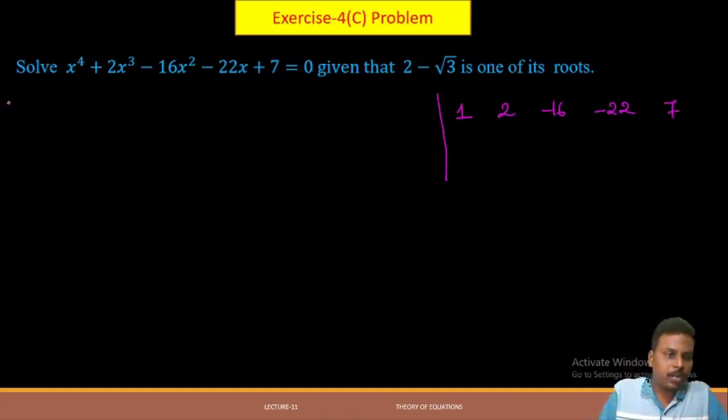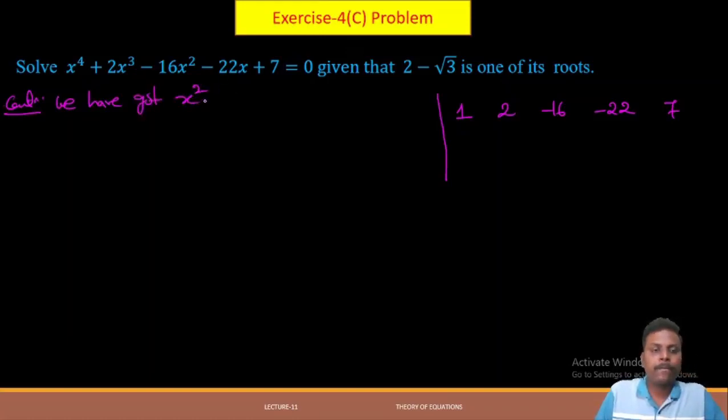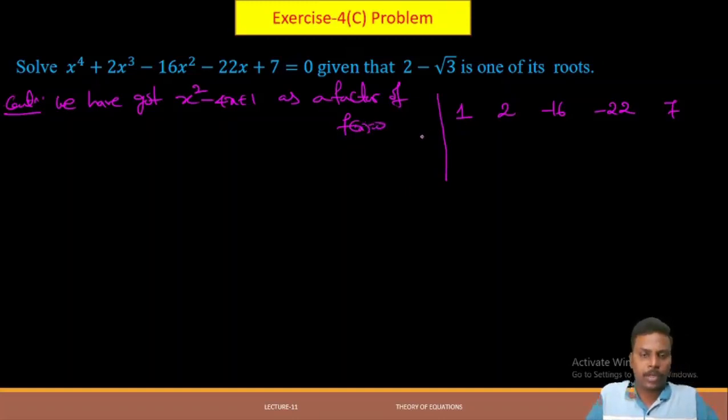We have got x square minus 4x plus 1 as a factor of f of x is equal to 0. So let me write the p q values. So p value is 4 and q value is minus 1, and this is 0 and this is 0.